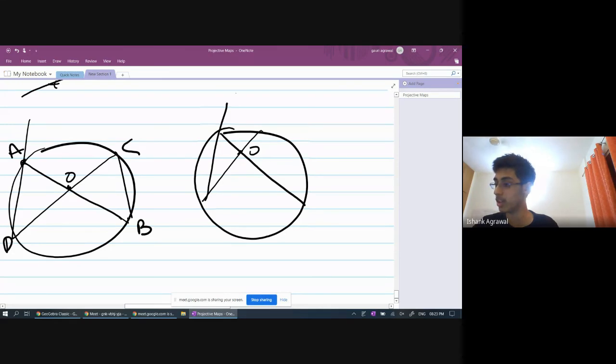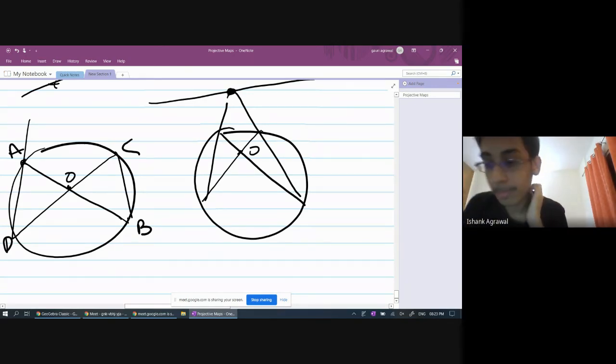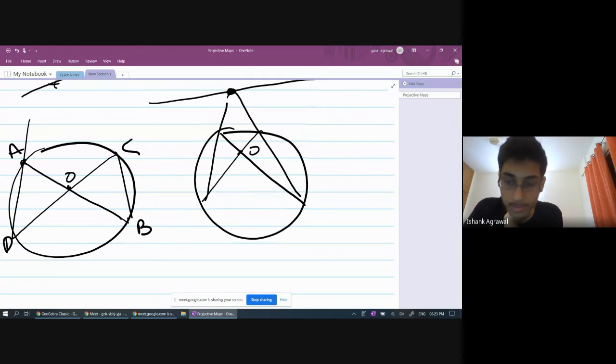Then the intersection of the two opposite points, the locus of that will always be a line. Does anybody know this? Anybody heard of this problem?